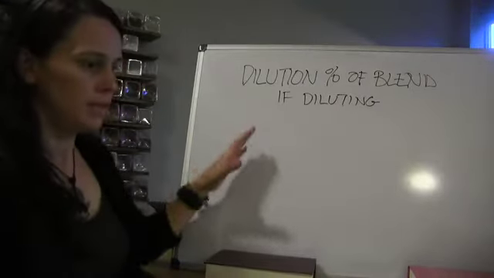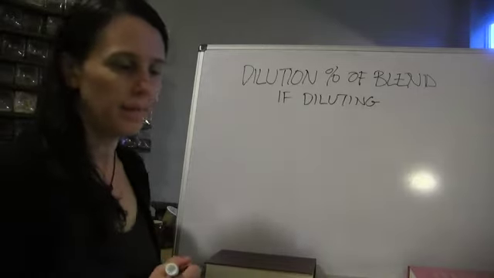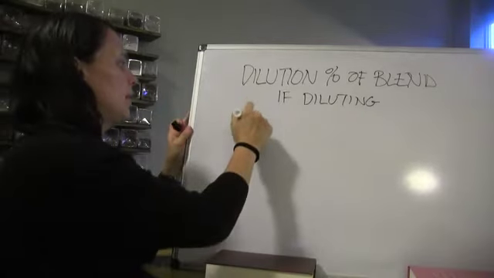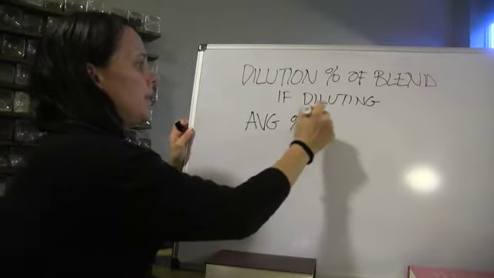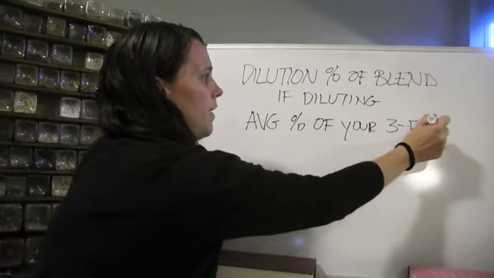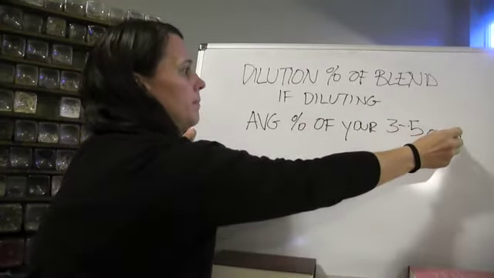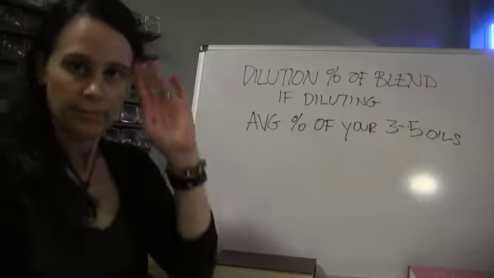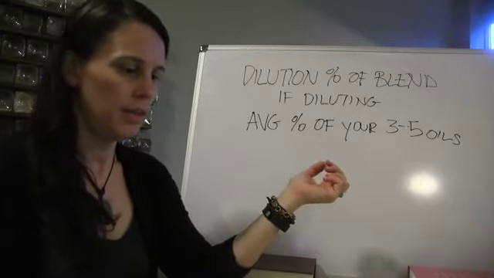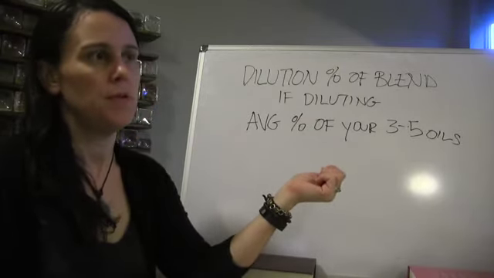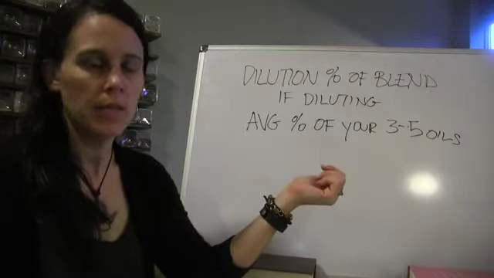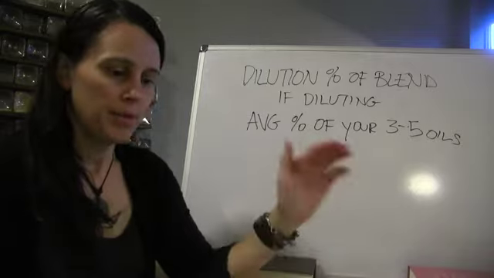If you are diluting, you need to figure out what your dilution rate is going to be. And a very simple way to do that is to take the average percent of your 3 to 5 oils that you're going to be using. So just add those up, divide it by how many you have, and you'll come up with somewhere probably between 5 and 7 or 8% on average. So that's the simplest way to do it.